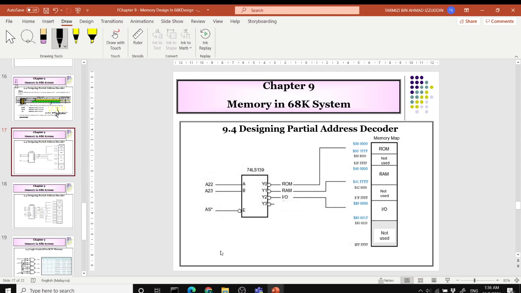So that's how you design a partial address decoder. This is the input. Depending on the state of the input, the decoder selects between your ROM, your RAM or your I/O, and each of these is connected to a different address in your memory address space. So this is how you design the partial address decoder.